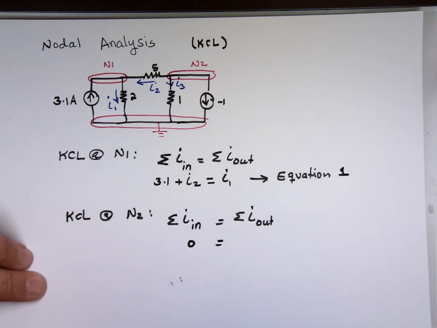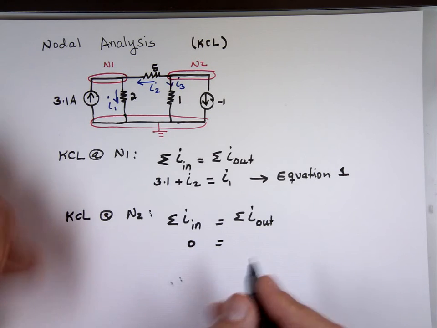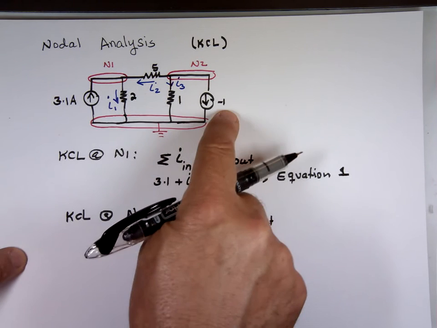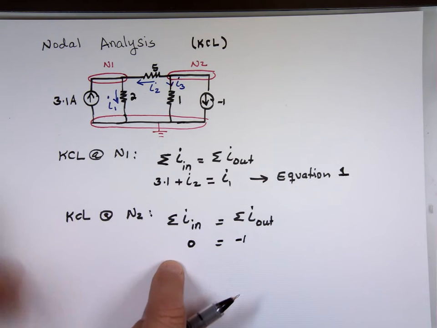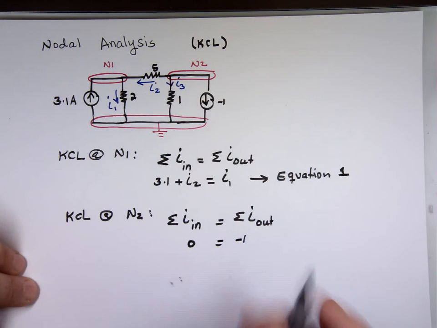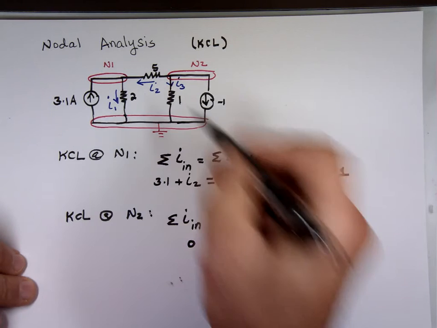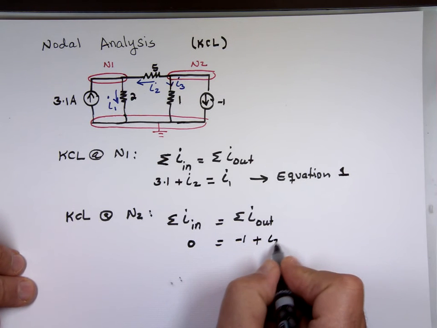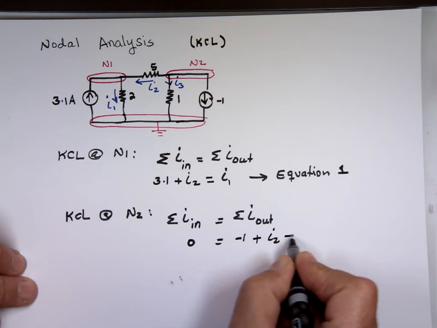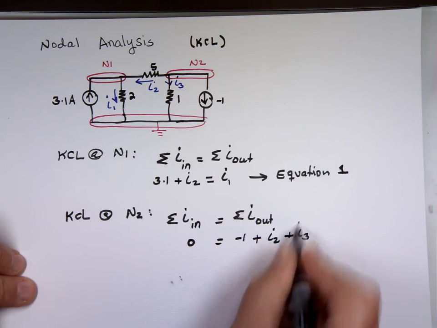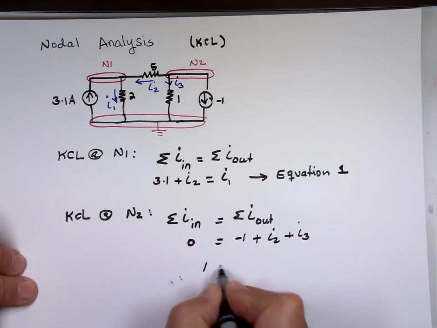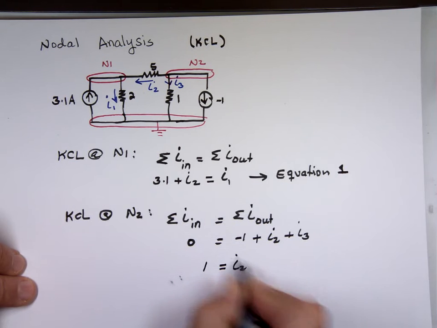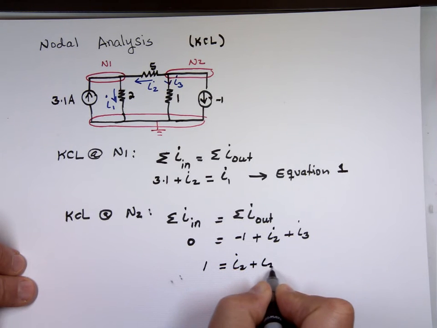This is leaving, that's leaving. So the minus 1 is leaving, which would make it a 1 here. Plus this current, which is I sub 2. What else? I sub 3. So you end up with 1 equals I sub 2 plus I sub 3.